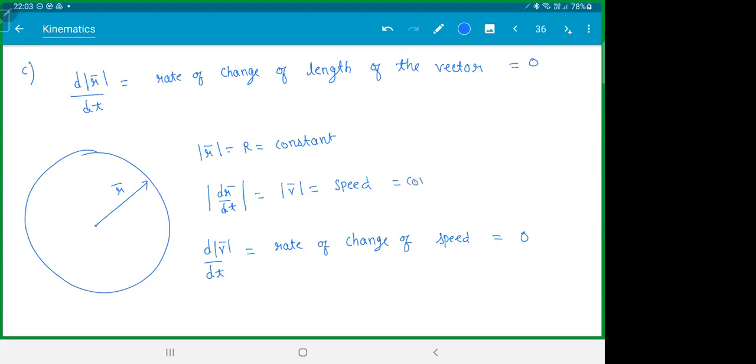Speed is constant. But velocity is changing. What is magnitude of dv by dt? This is rate of change of velocity. This is magnitude of acceleration. I hope you're getting the difference. Putting the mod inside and outside will change the whole answer. Clear?